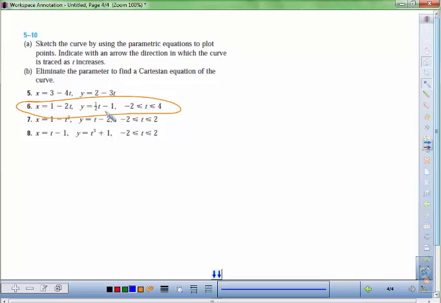So what we can do, for starters, is plot points, right? Or what I would do, I'd just punch it in the calculator and see how it looks. But let's plot points for the meantime before we punch it in our calculators. This will give us some idea of how this is going to be drawn as well.